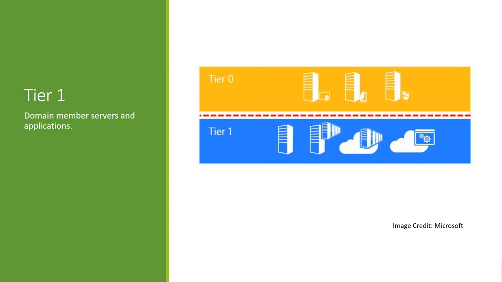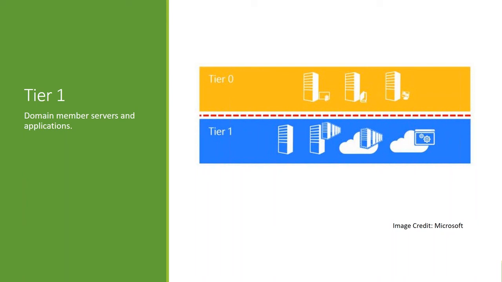The next level is Tier 1, and here you have your member servers and your line of business applications. Again, these Tier 1 administrators, they also go into this tier, so the tiers are not just about devices, they're also about groups and users that manage this level.